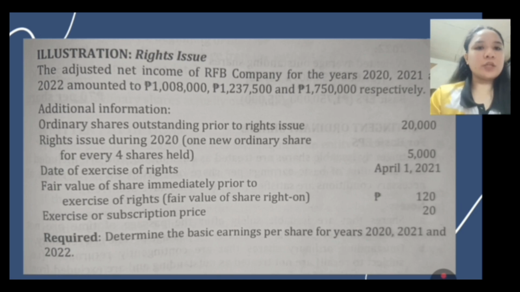Right issue during 2020, 5,000. And then the date of exercise of rights, April 1, 2021. Fair value of shares immediately prior to exercise of rights nga 120 pesos, and the exercise or subscription price nga 20 pesos. So ang requirement diri is determine the basic earning per shares for 2020, 2021, and 2022.